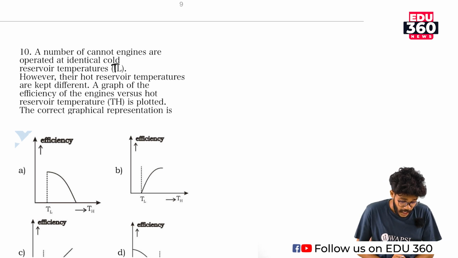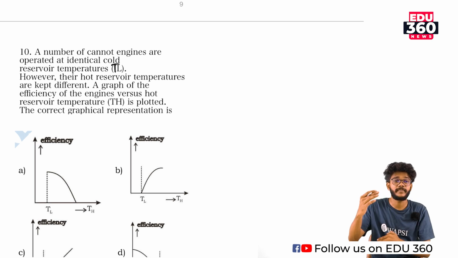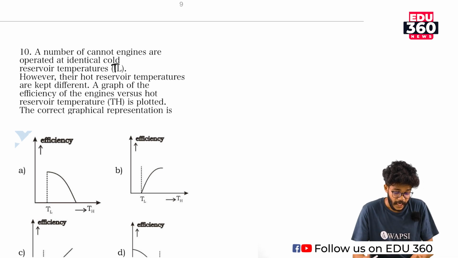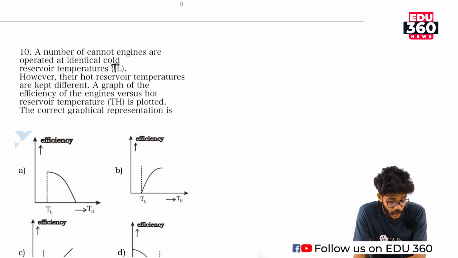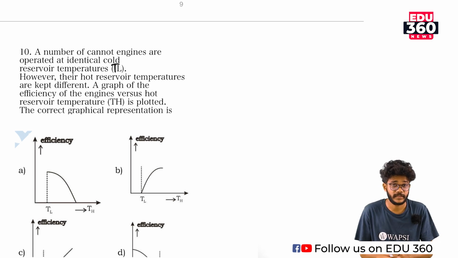However, their hot reservoir temperatures are kept different. The hot reservoir temperature is higher than the cold reservoir. A graph of the efficiency of the engine versus hot reservoir temperature TH is plotted. When TH increases, what happens?